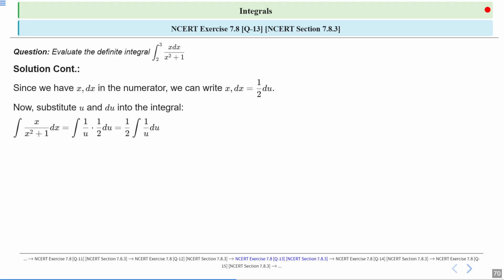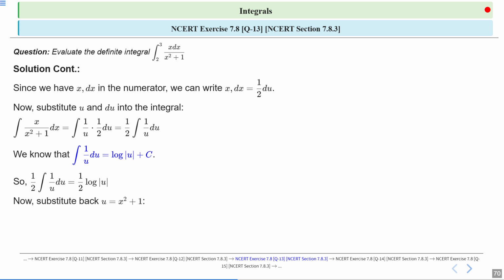So the integration of x by (x square plus 1) dx is the integration of 1 by u into 1 by 2 du, that is 1 by 2 integration of 1 by u du, which is a standard integral formula, that is log u. So substitute back u is equal to x square plus 1.